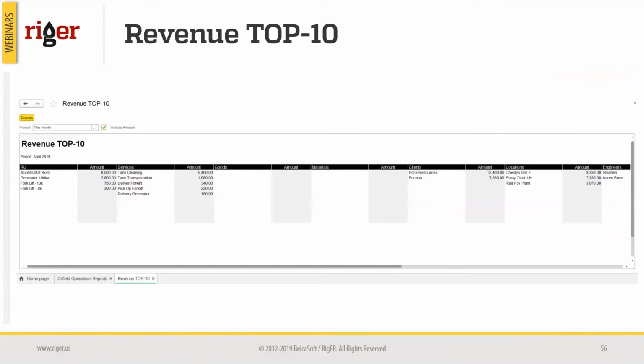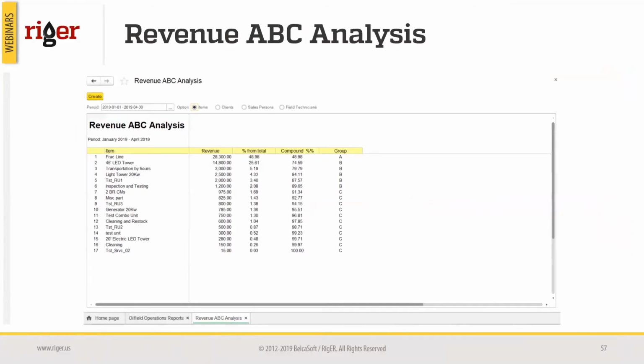As the name suggests, this report is the top 10 of everything that has the capacity to generate revenue. It can also show you the amounts if you select the checkbox. The revenue ABC analysis report basically breaks down your revenue from the most to the least important categories, and you can see how much each company, client, salesperson, or even each item generates in your inventory.